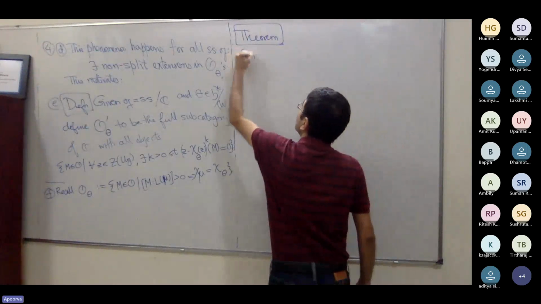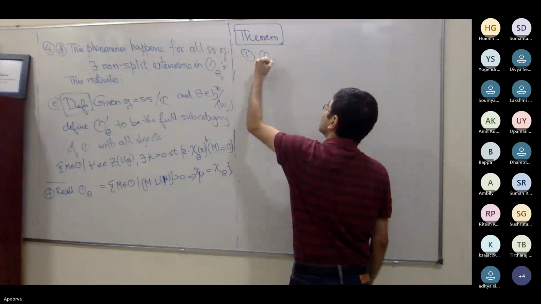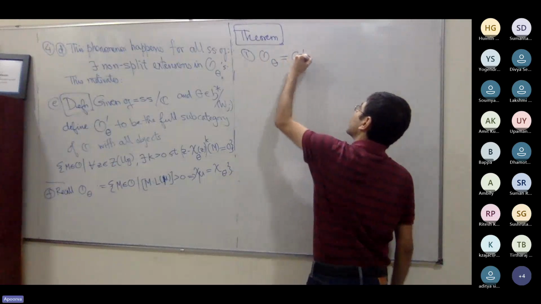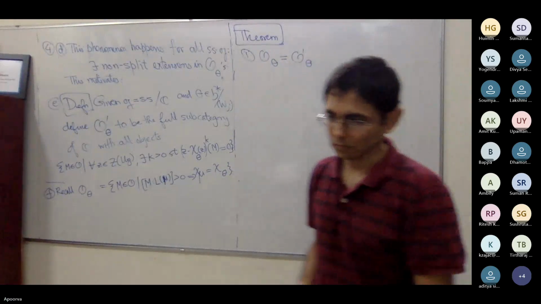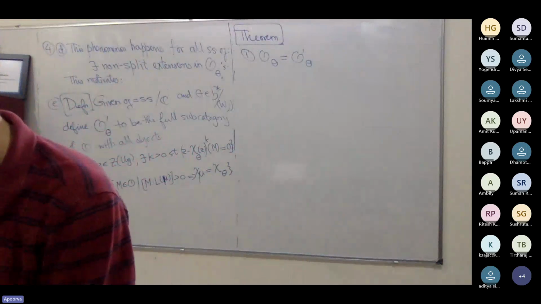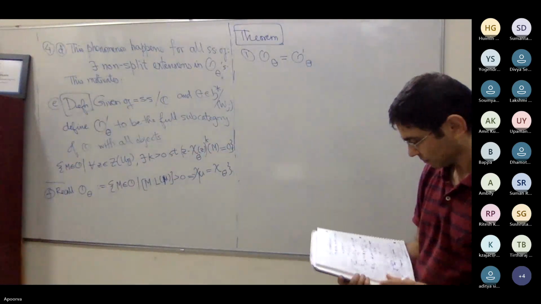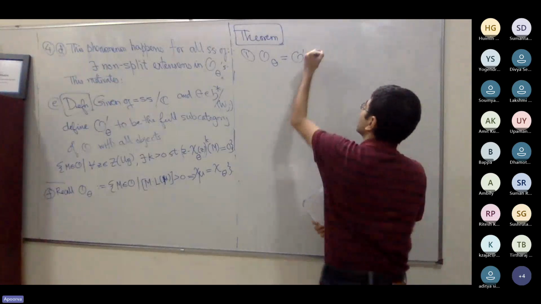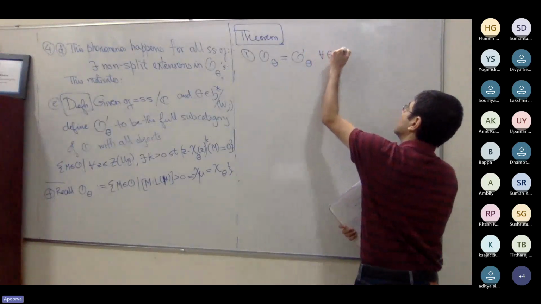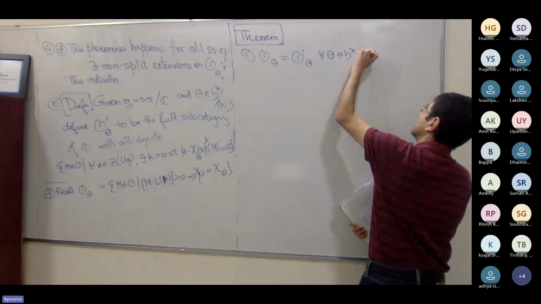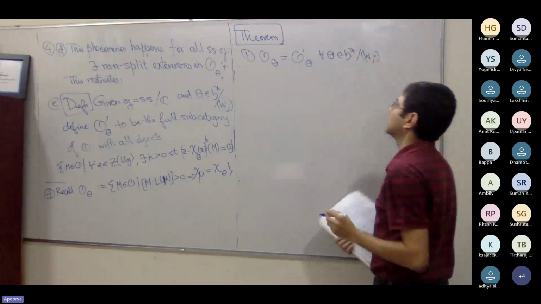One: O theta equals O prime theta. That's the first. So these two definitions are the same for all theta, for all twisted Weyl orbits.